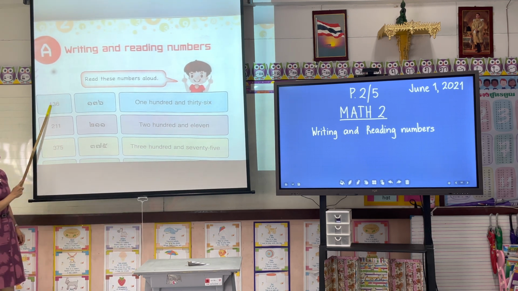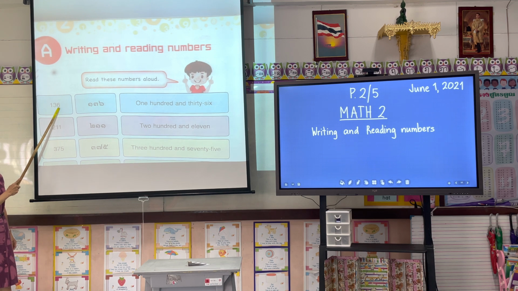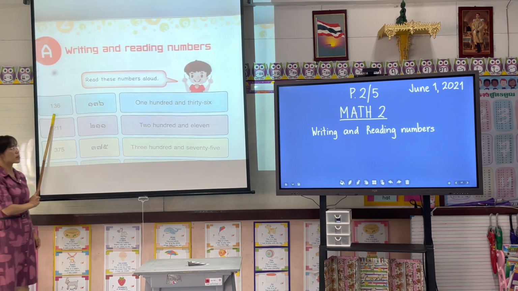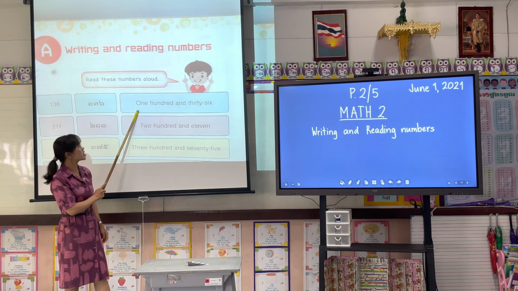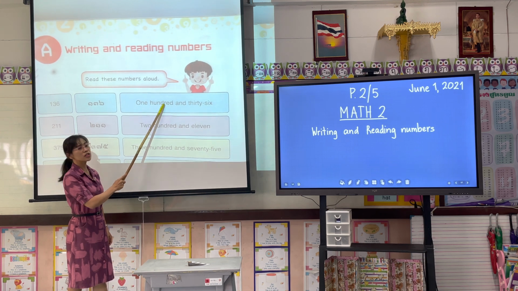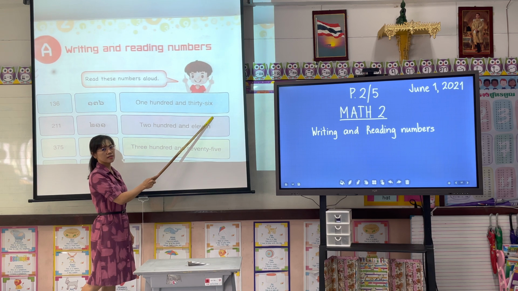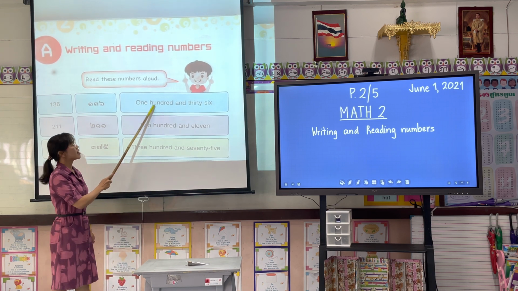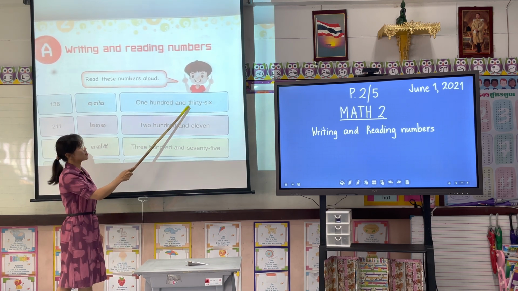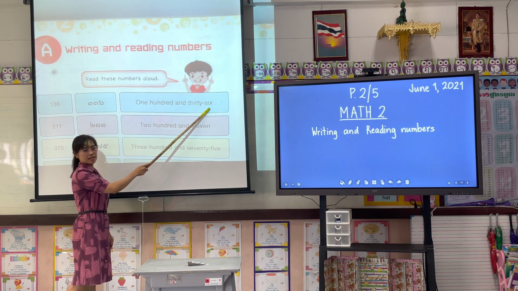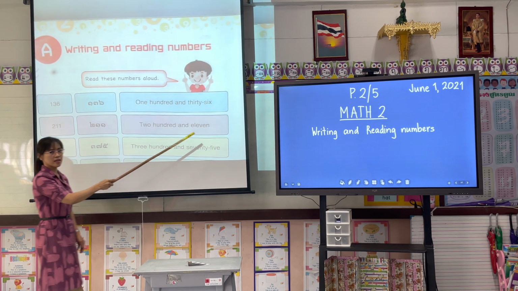Right? Again, 136, that's how we write the Hindu-Arabic, and the English word 136. Okay? 136. Please repeat after me.